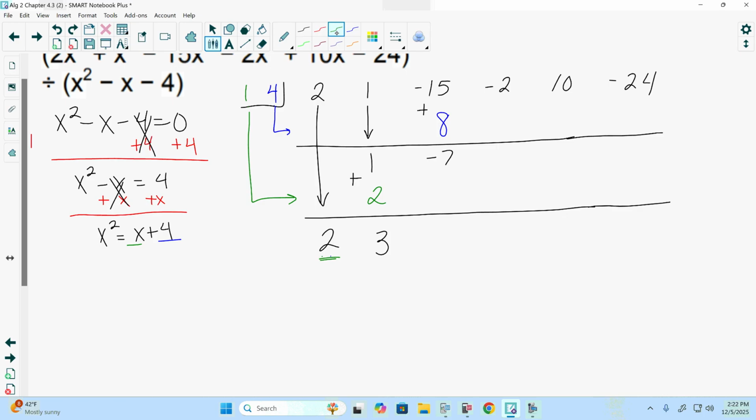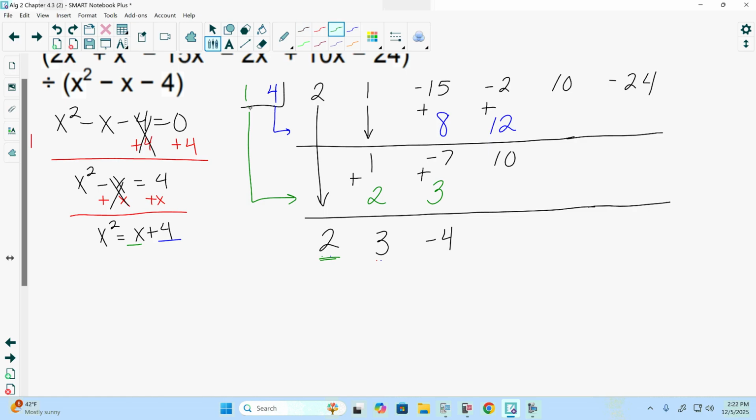Because then we're going to do the multiplication again. 1 times 3 is 3. 4 times this 3 down here is going to be 12. So a lot of this here they don't really teach, not necessarily because it's overly difficult. There's just a lot going on.